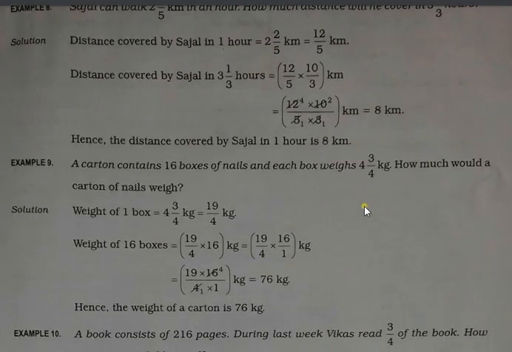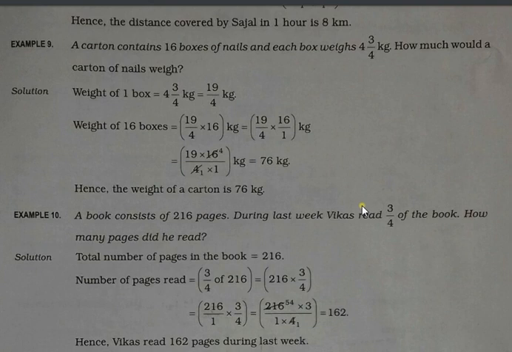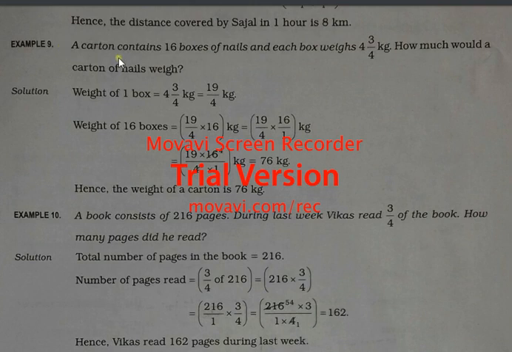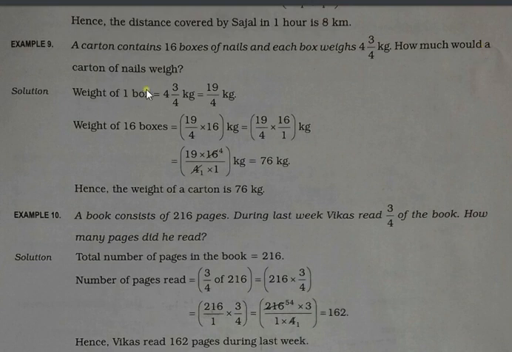Now if you move below, you can see example number 9. In example number 9 there is a carton. A carton contains 16 boxes of nails and each box weighs 3 by 4 kg. How much would a carton of nails weigh?